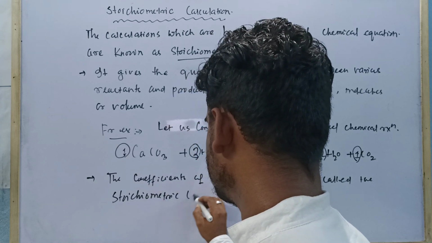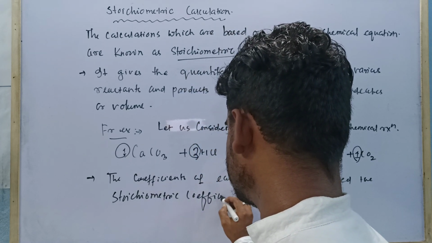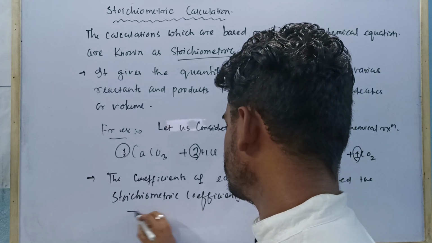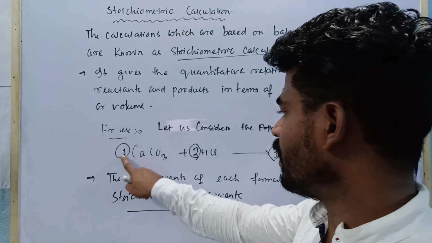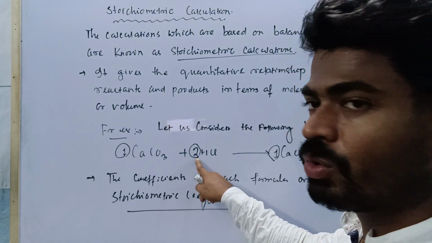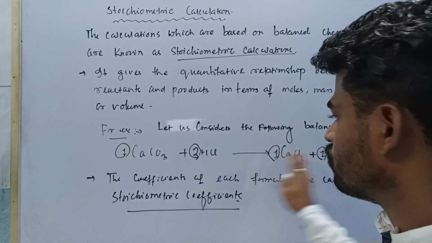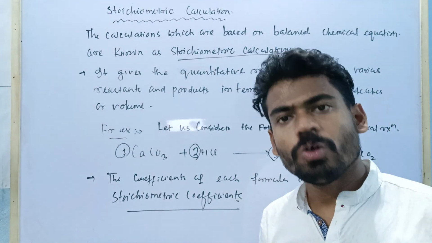So calcium carbonate 1, 2HCl already 2 is there, then 1, 1, 1. So these are known as stoichiometric coefficients.